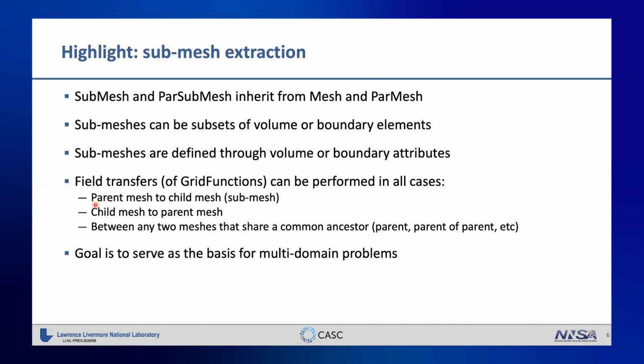We can go from a parent mesh to the child mesh, which is another term for submesh. You can go in the other direction, from the child to the parent, and based on these two, you can then go between any two meshes that share a common ancestor, basically following a sequence of transfers in a matrix-free fashion, generally.